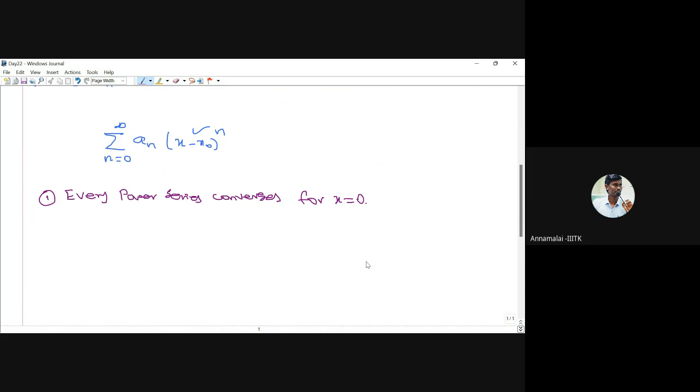And suppose the series does not converge other than at x equal to 0, then we call this nowhere convergent.